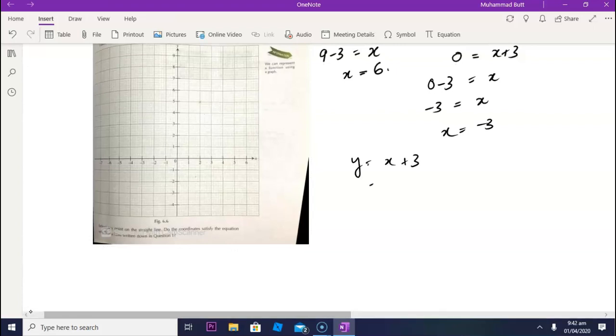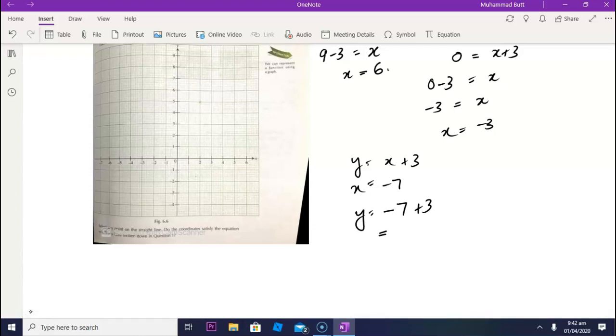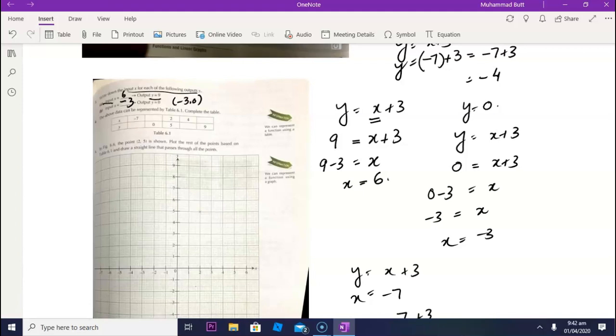When x is minus 7, you can substitute the value over here, minus 7 plus 3. We know that when the signs are different, we do subtraction, and then we look at the absolute value. 7 is greater, so y will be minus 4. You can complete the table over here. When x is minus 7, y is minus 4.